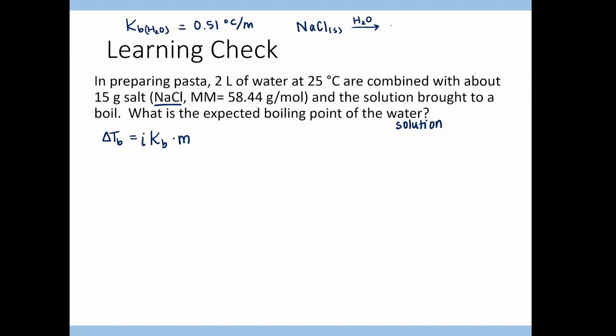So sodium chloride, we have one sodium for every chloride. So these are aqueous ions. And from this, we know that i, Van't Hoff factor, is equal to 2 because 2 ions are formed for every 1 formula unit of sodium chloride.